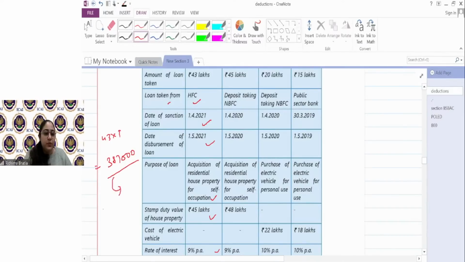He will claim under section 24B 2 lakhs, and under section 80EEA 1,87,000. No, what is the maximum allowed? 1,50,000.